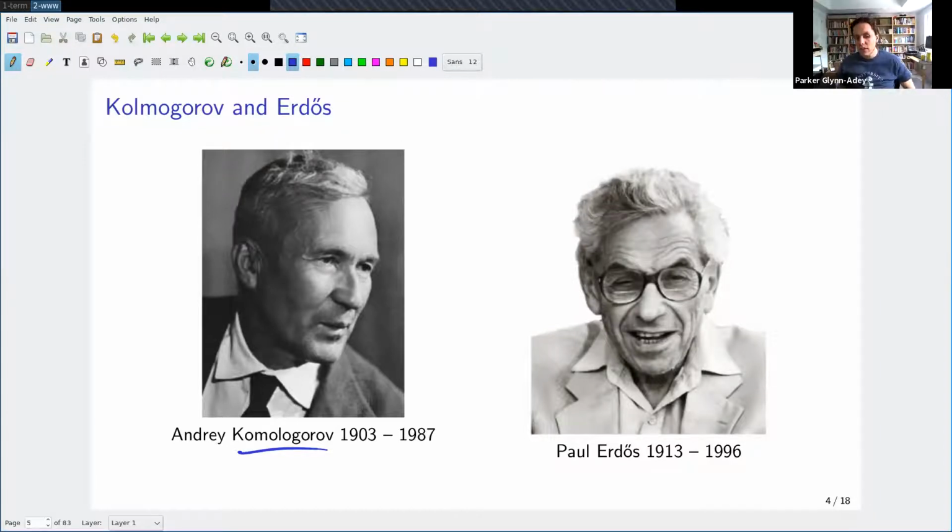He was working in the Soviet Union. He was one of the most respected Soviet mathematicians of the time. And he also did some foundational work on computational complexity. We're going to talk a little bit about the computational complexity stuff. It's not the main focus of this talk, but it would be a cool talk to come back and talk about Kolmogorov complexity.